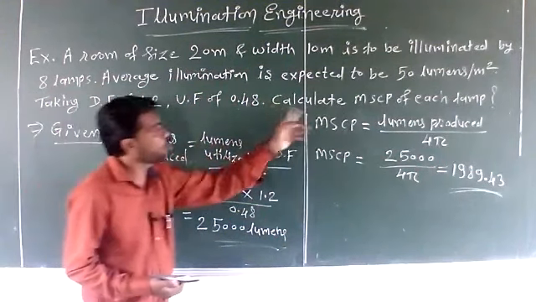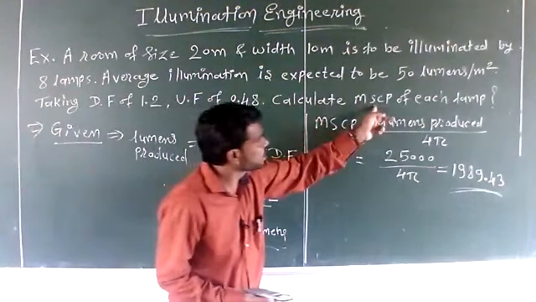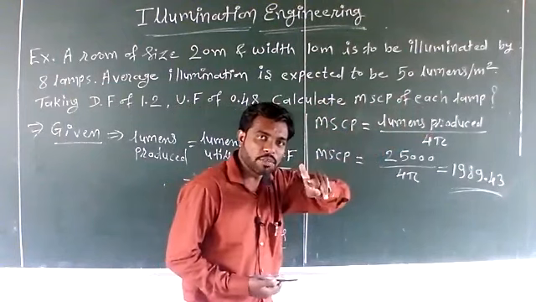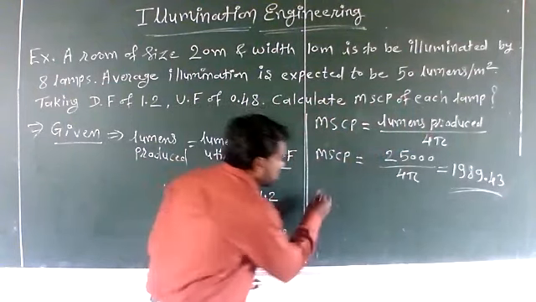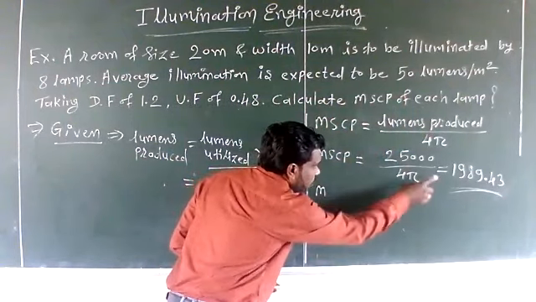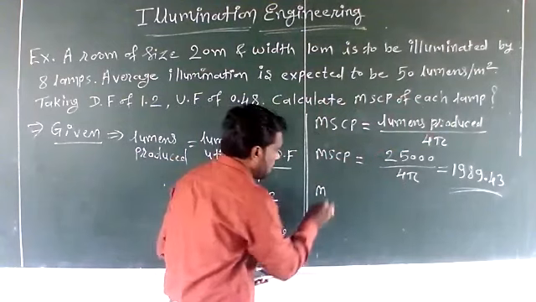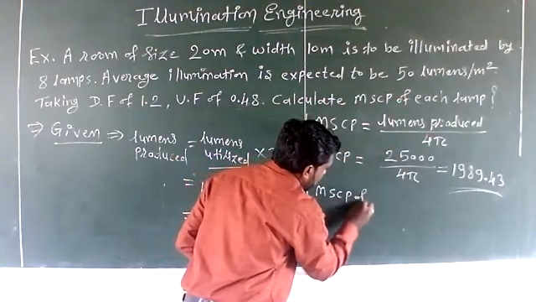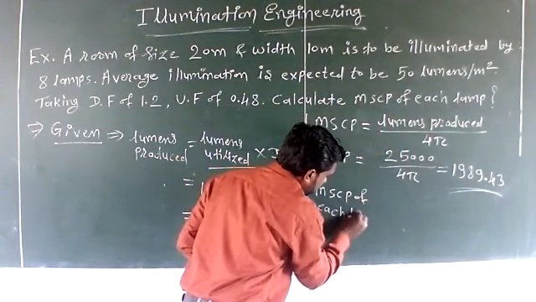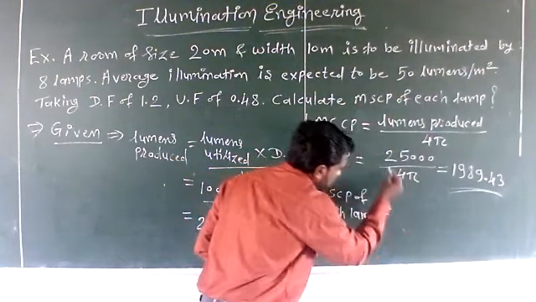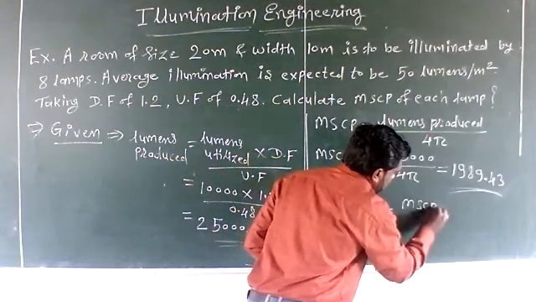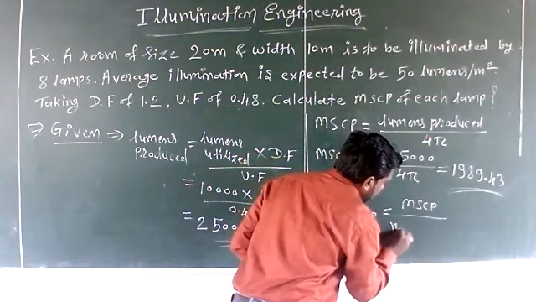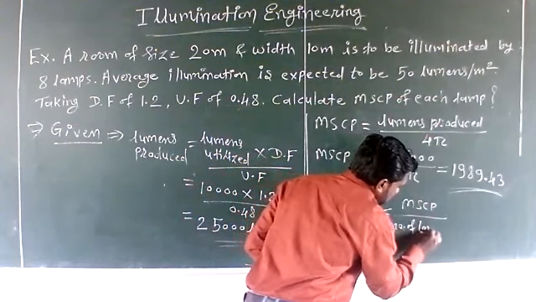But in numerical, you have to calculate the value of MSCP for each lamp, for a single lamp. So you have to just divide this value by number of lamps. So here MSCP of each lamp is equal to the MSCP for all lamps divided by the number of lamps.